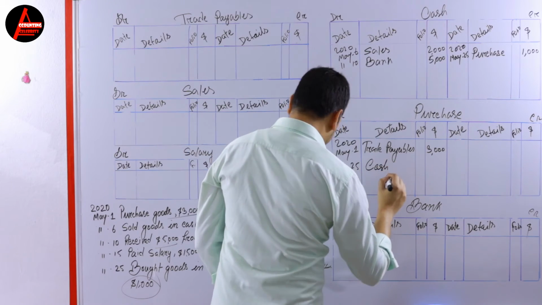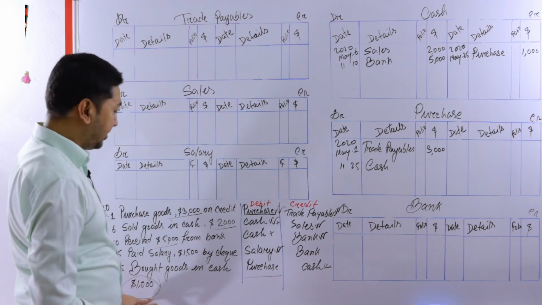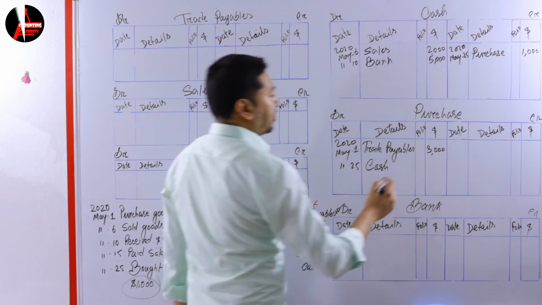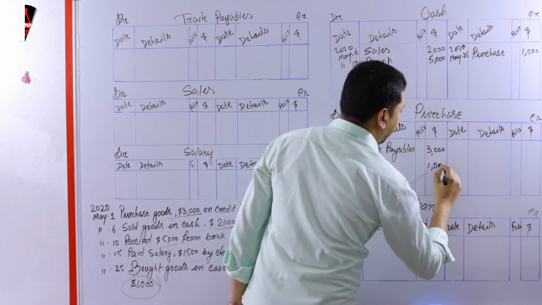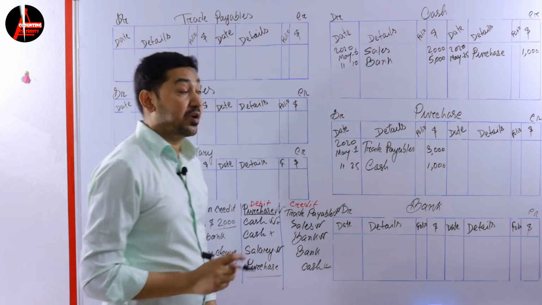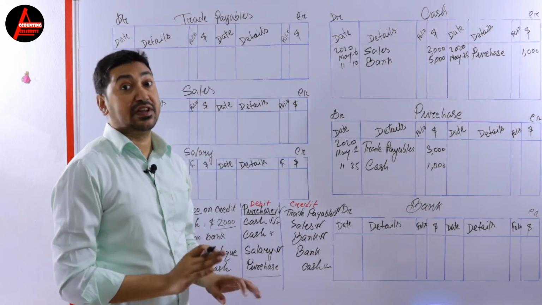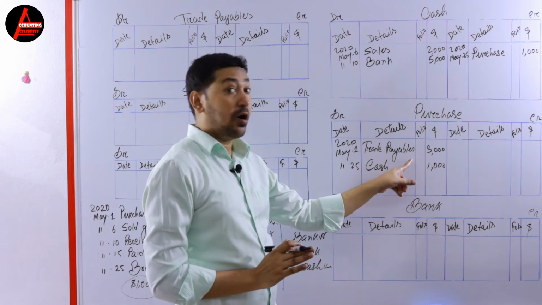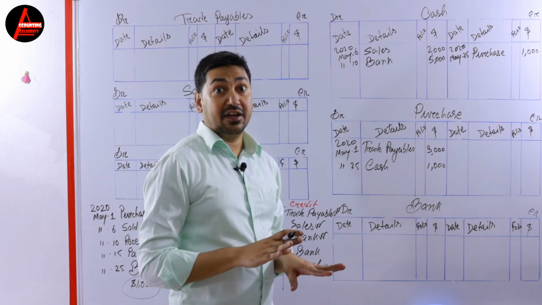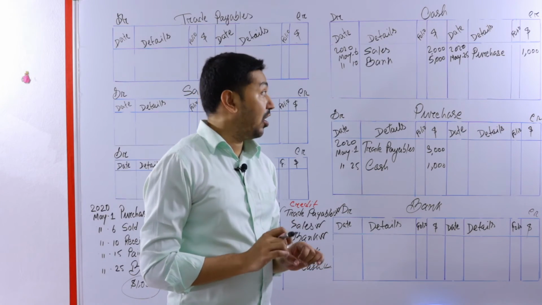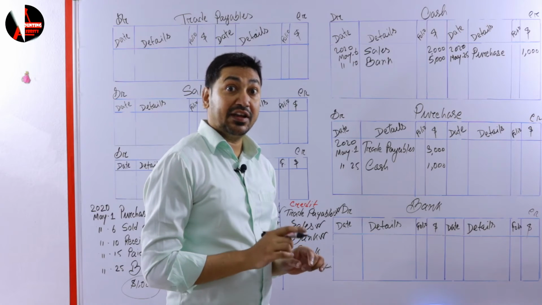So right here, cash, and what is the value? Your value is here $1,000. One thing you just remember, when you do purchase, just think about purchase. What is purchase? Debit side and credit side. If you think about the opposite account, you'll make a mistake. So only the ledger you are doing, think about that one.